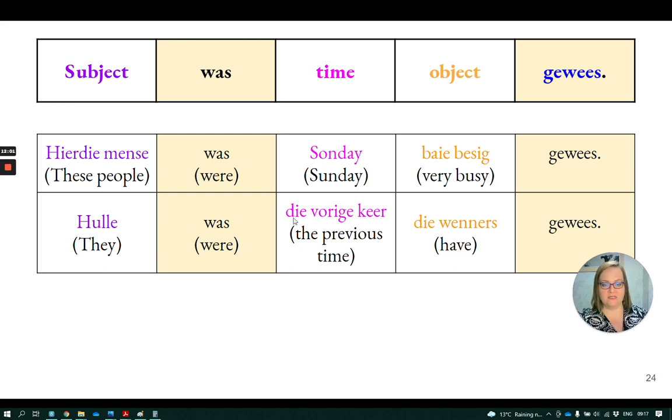Hulle was die vorige keer die wenners gewees. They were the winners the previous time. Okay, so I'll give you an overview again, but just looking at was, if you say sy was mooi gewees, she was pretty. Okay, if you have the was, you have a gewees at the end, the ge verb at the end to show that it's past tense.